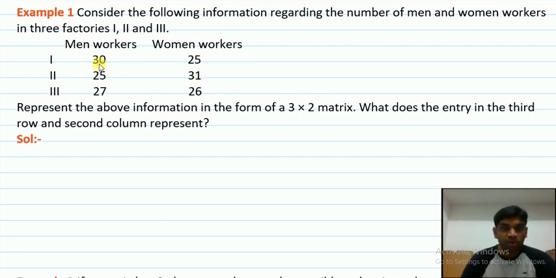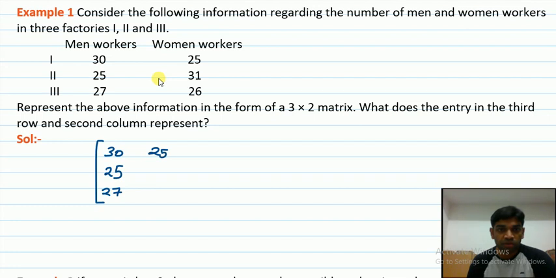So ultimately, if you want to create a 3 cross 2 matrix with this information, then it becomes like this: 32, 25, 27, 25, 31 and 26. And we can give it one symbol, capital A. This is matrix A, which is again a 3 cross 2 matrix. So this is the first question.